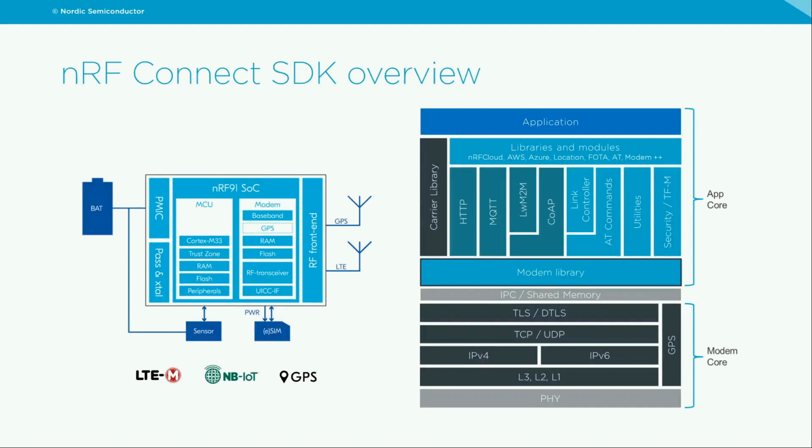On top of everything, we have a wide set of different libraries and modules ranging from the nRF Cloud library, AWS, Azure, location libraries, and libraries that make it easy to handle AT commands, and in general interact and make your application. On top of all of this, we have all the applications and samples we provide.